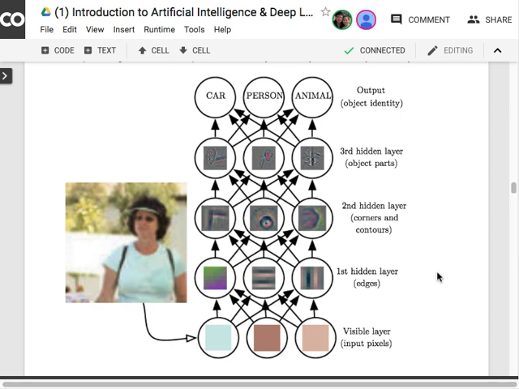So we have a lot of pixels, and from these pixels we can detect edges, corners, and points, grouping them to become other features. Then from the edges we can detect corners and contours, specialized for each feature. After that, a combination of those corners and contours becomes each object part in the picture. And finally, with the object parts, we can obtain the object identities.